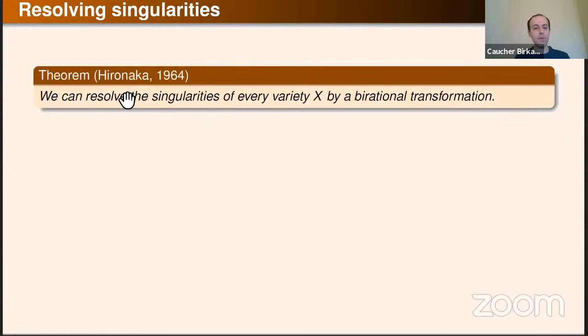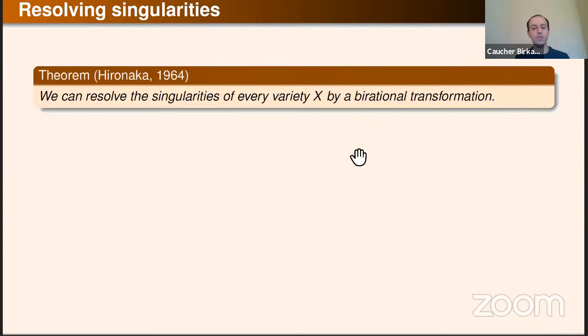And a very deep result of Hironaka from the 60s says that, in fact, if you have any algebraic variety, any affine variety defined over the complex numbers, you can always run a process of blow-ups and remove all the singularities. This is an amazing statement.